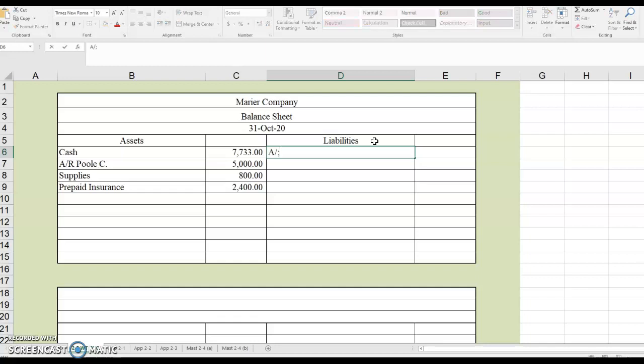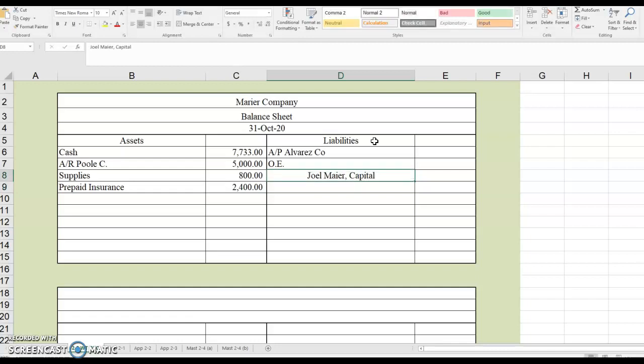So we've got accounts payable, Alvarez Company. And then owner's equity, again abbreviating. Our owner is Joel Mayer, and owner's equity would be capital.